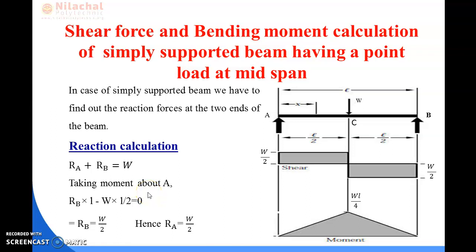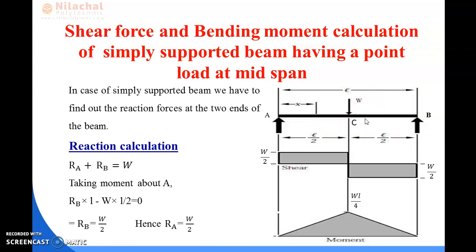Now, if we are taking the moment about A, first of all we need to see the right side of the section, and what are the forces here? First, one reaction is there, and second, one point load is there.